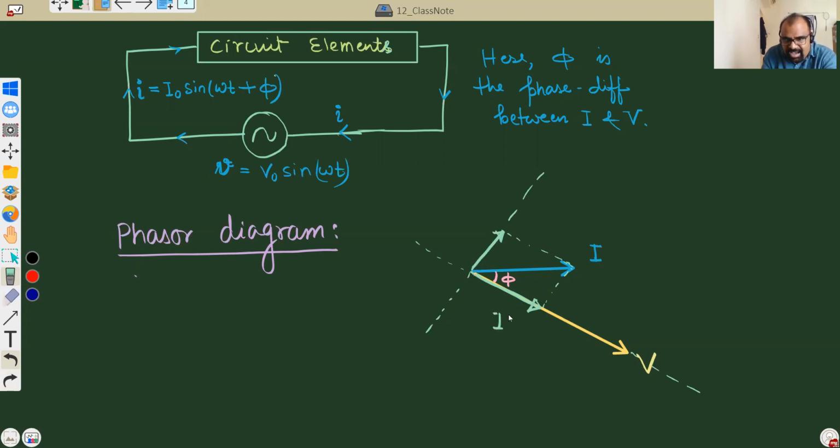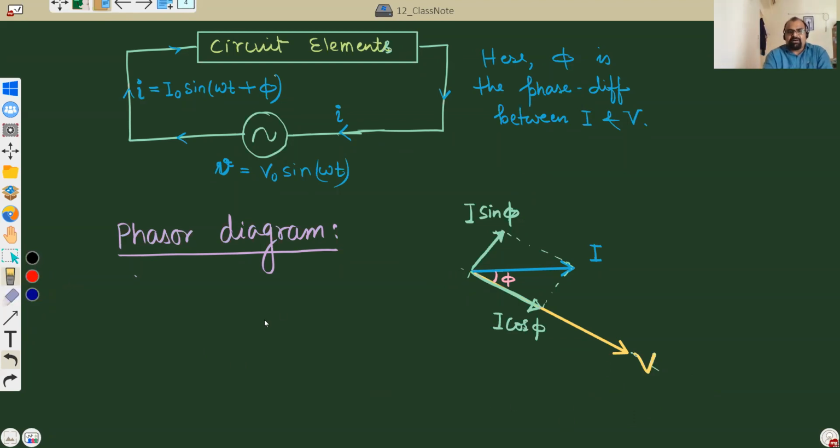This component will be I cos phi, and this component will be I sin phi. Am I correct? Now I'm removing these unnecessary parts. They are of no use.